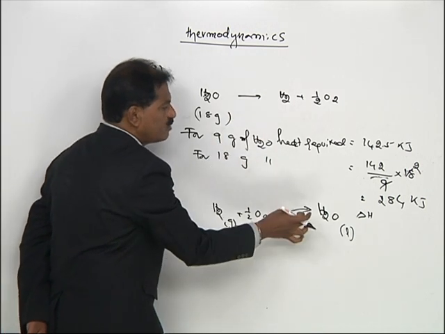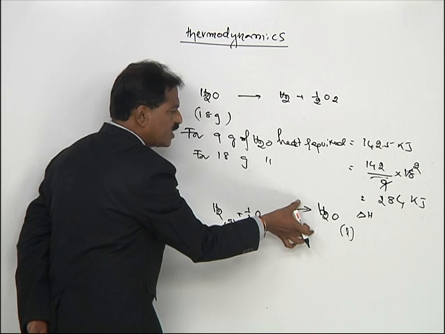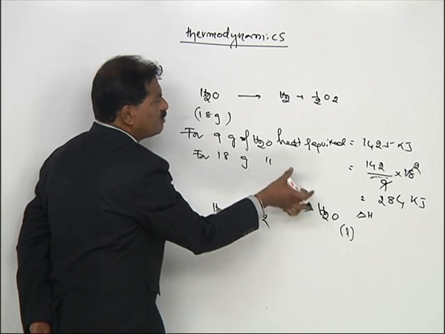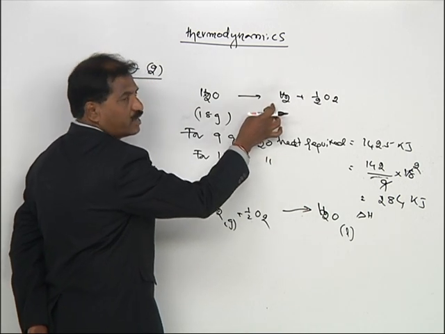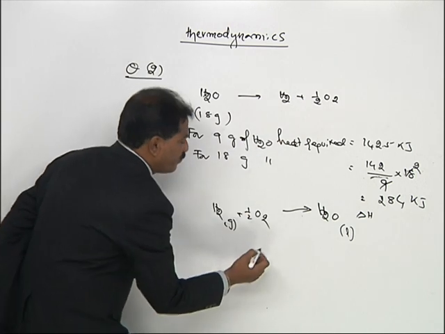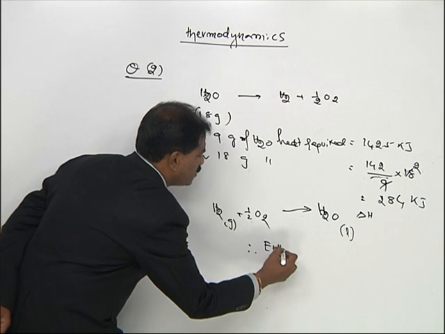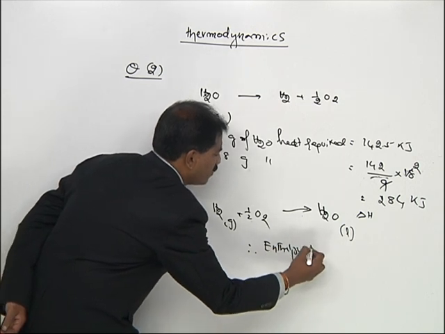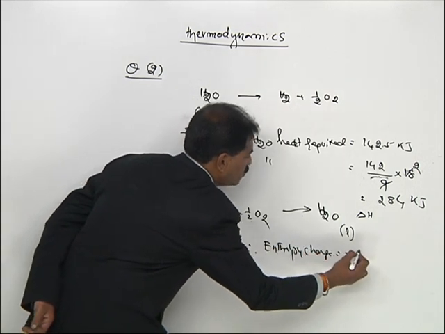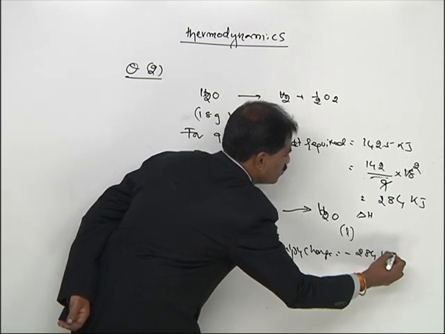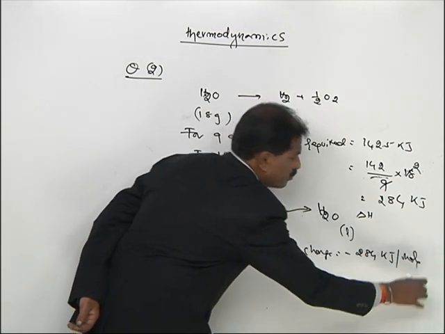Therefore, the heat change involved is equal in magnitude to the earlier reaction but opposite in sign. Enthalpy change is equal to minus 284 kilojoules per mole.